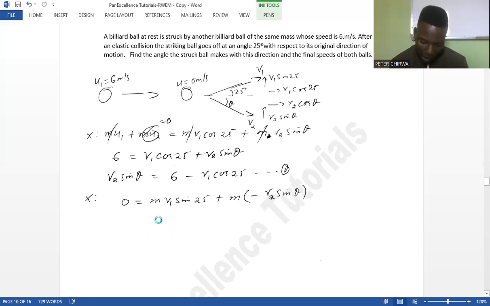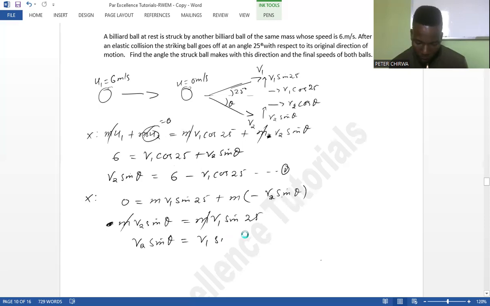So what I end up having is negative of m v2 sine theta being equal to m v1 sine 25. So I can cancel m. Oh, sorry, this one will be positive. I take it aside, so I'm going to have v2 sine theta being equal to v1 sine 25.